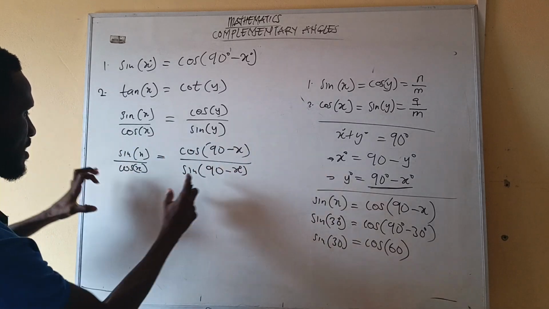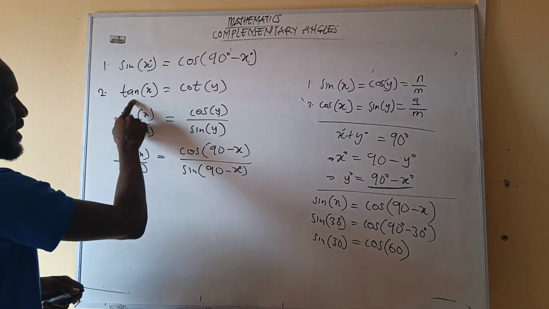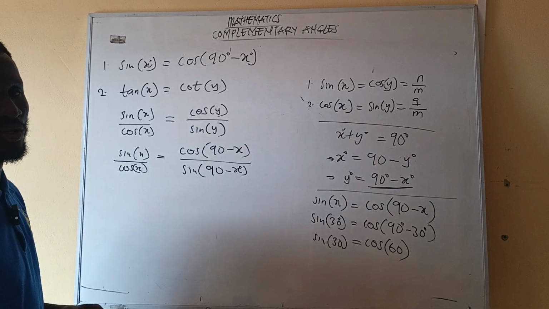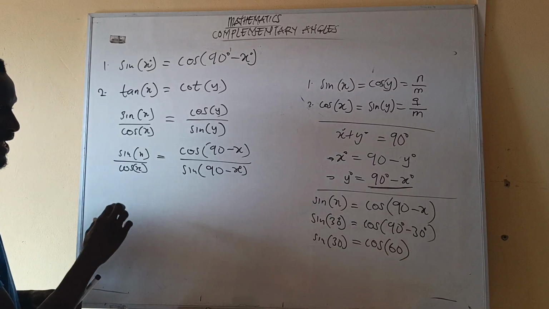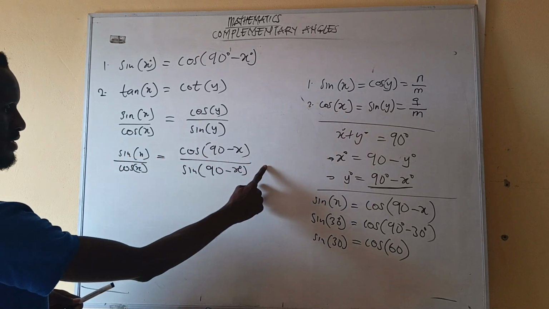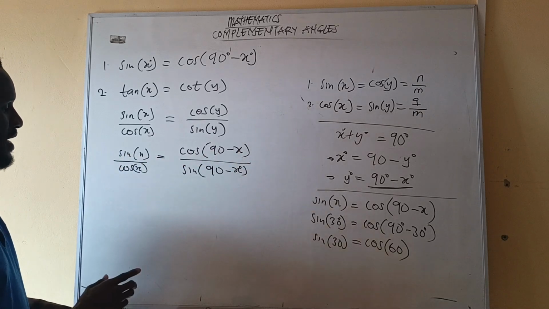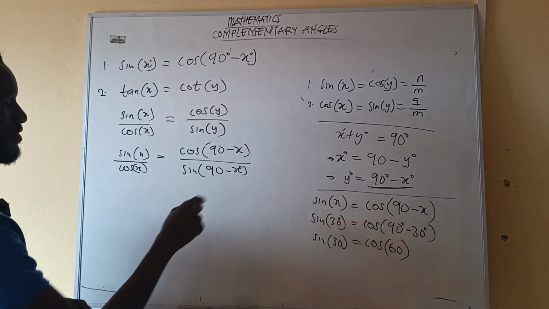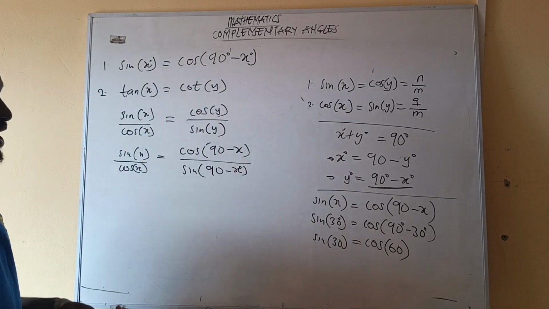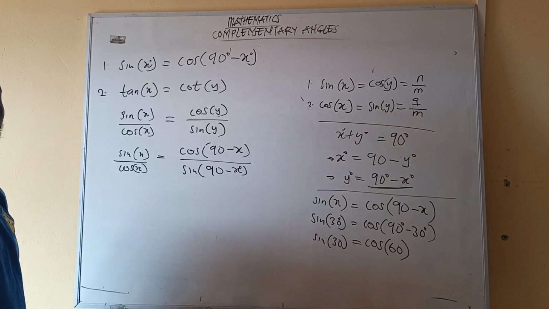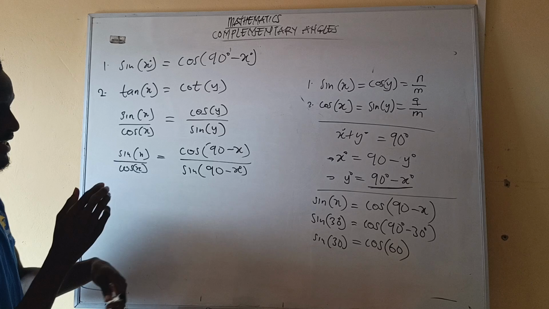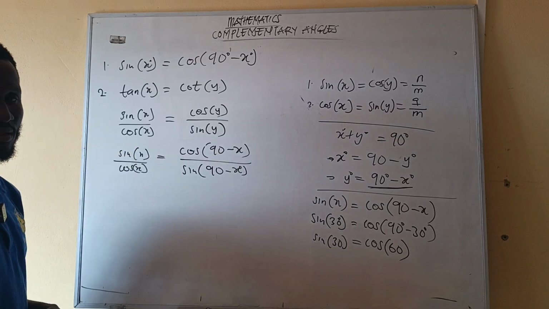Now, this thing here shows that the tan and then the cot are also complementary angles, since sine x will give us the cos of 90 minus x, and then cos x will also give us the sine of 90 minus x. It proves that this one and this one are also complementary angles, because I can do some deduction, then we do cancellation here and there.